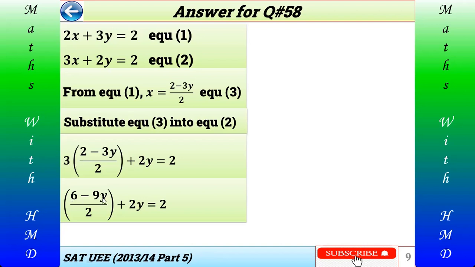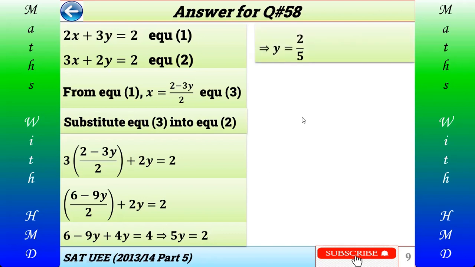That is 6 minus 9y over 2 plus 2y equals 2. Now just multiply both sides by 2, so the 2 will be cancelled. That is 6 minus 9y plus 2 times 2y is 4y, equals 2 times 2 is 4. So this implies 5y equals 2. Here you can divide both sides by 5. The value of y is going to be 2 over 5.